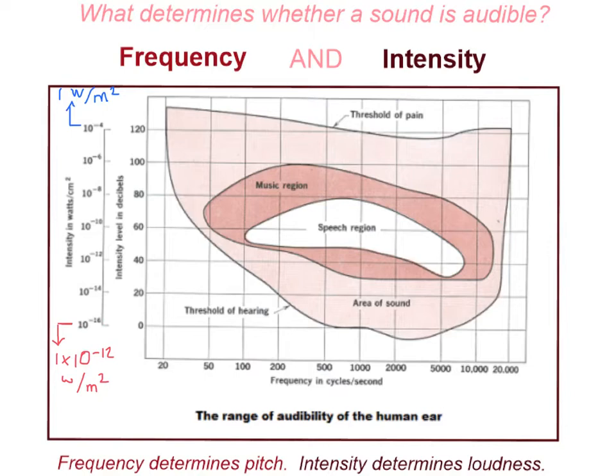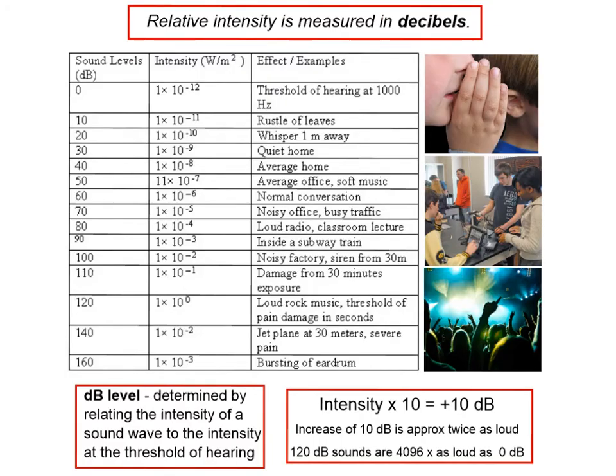Exposure to sounds above the threshold of pain causes immediate damage to the ear, even if no pain is felt. Prolonged exposure to sounds of lower intensities can also cause damage to the ear. So remember, the frequency of a sound wave determines its pitch, and the intensity of a sound wave determines how loud the sound is.